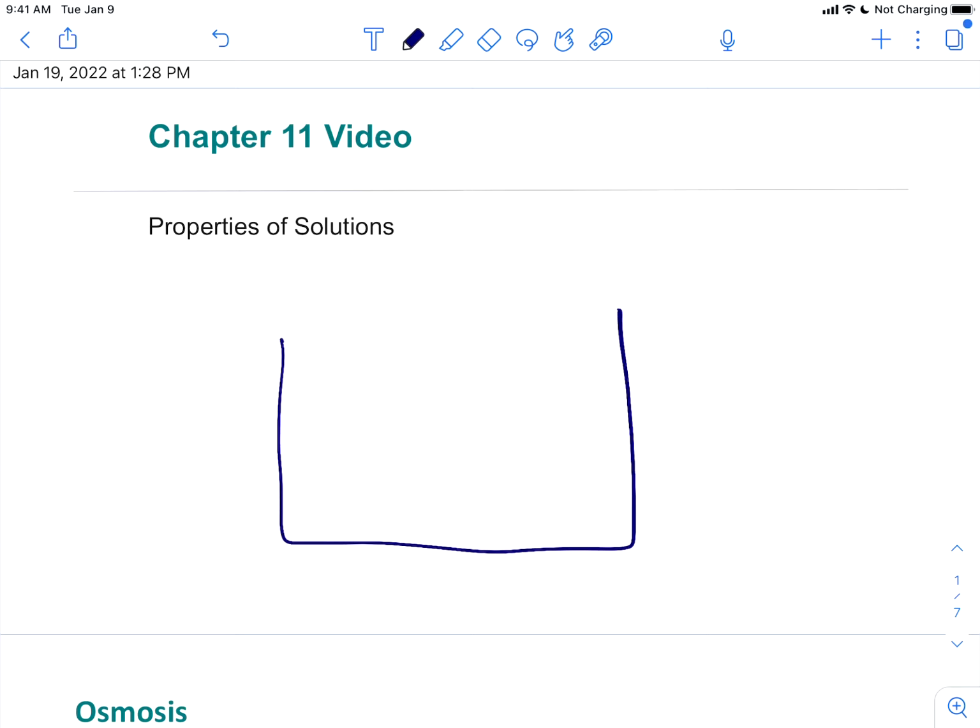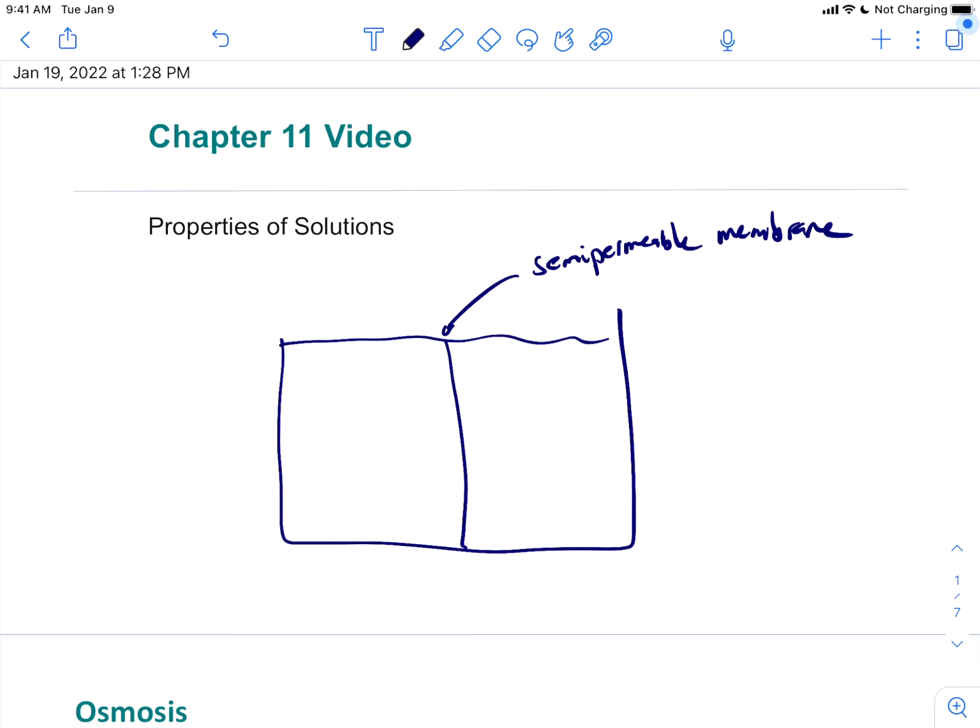Let's imagine we have this chamber filled with a solution of water, let's say, and it's separated by a semi-permeable membrane. A semi-permeable membrane means it's permeable to water, but not permeable to ions and molecules and other stuff dissolved in the water.